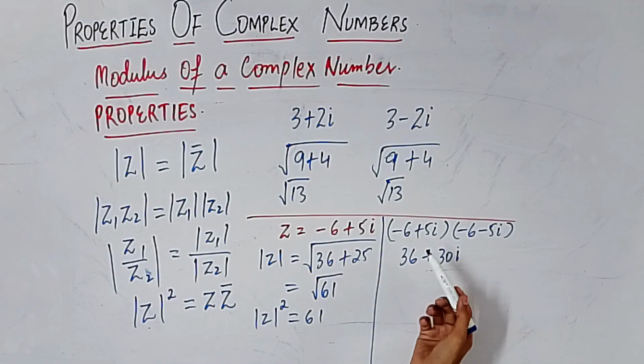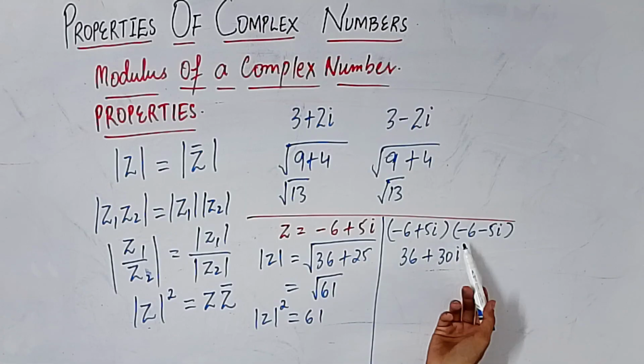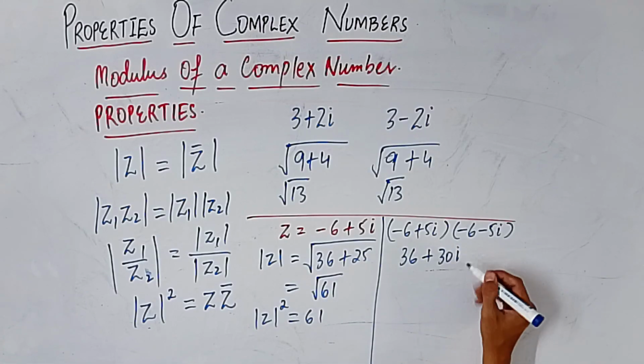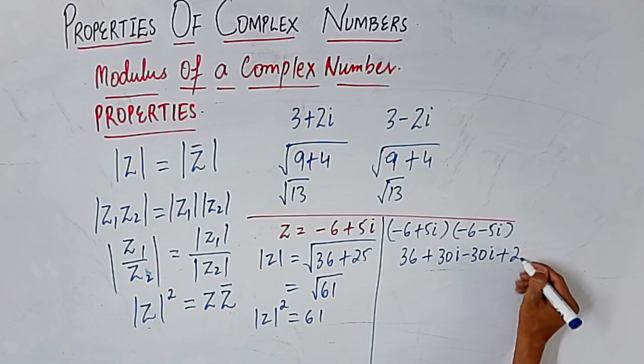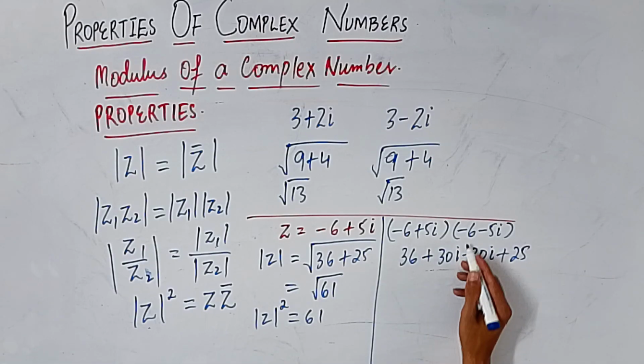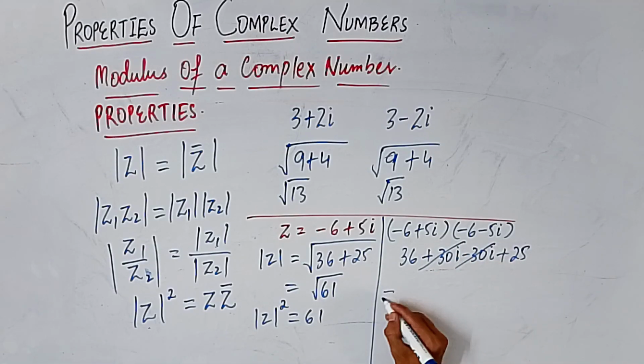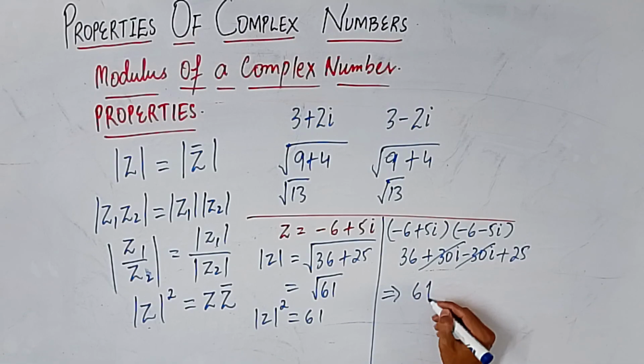And then multiplying again, it will come minus 30 iota, and 5 times minus 5 is minus 25 iota square, but there is minus and iota square is also minus, so it will come plus 25. The iota terms cancel with each other, so what will you get? 36 plus 25 is equal to 61. So this is how we prove the identity.